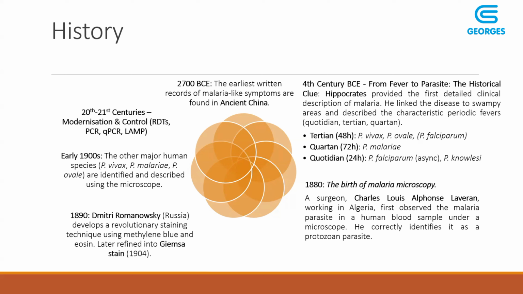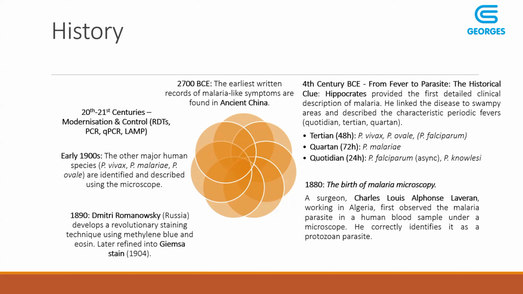Then in 1880, we have a French surgeon called Charles Louis Alphonse Laveran, who was working in Algeria. He observed the first parasite in human blood under a microscope, and he correctly identified it as a protozoan parasite.